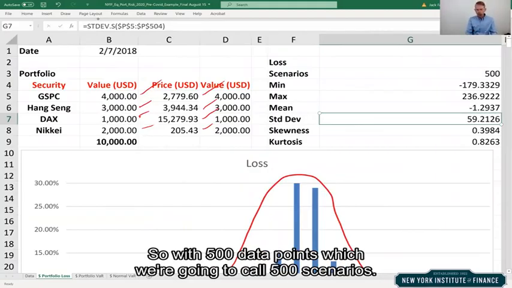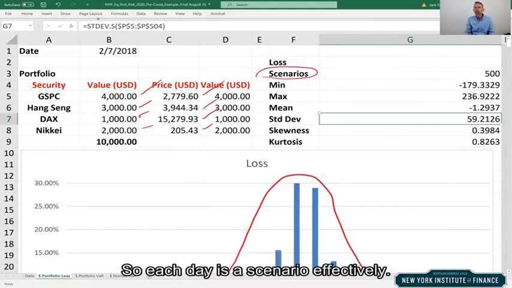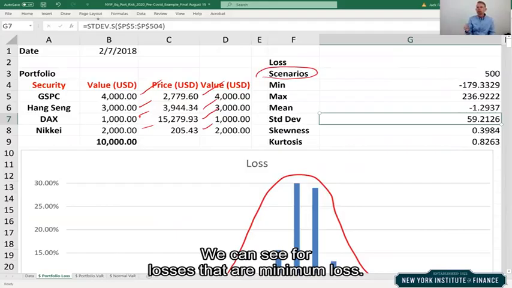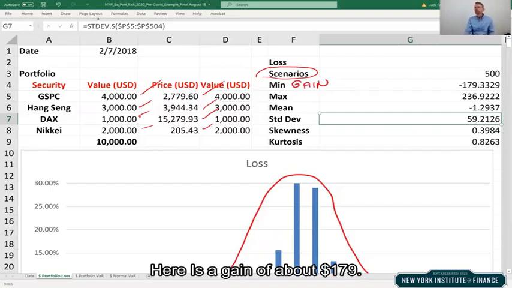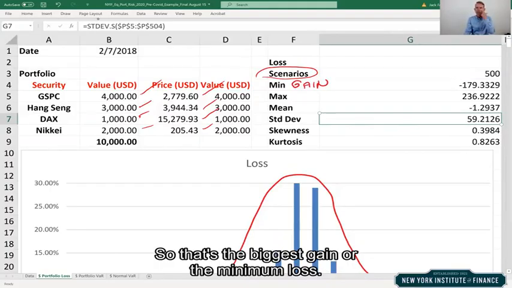So for the 500 data points, which we're going to call 500 scenarios, so each day is a scenario effectively, we can see for losses that our minimum loss, so this is actually a gain here, is a gain of about $179. So that's the biggest gain or the minimum loss.